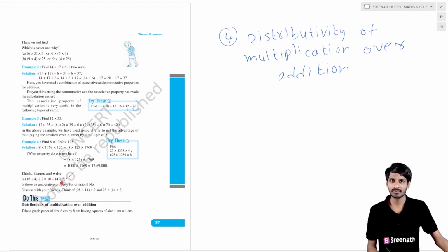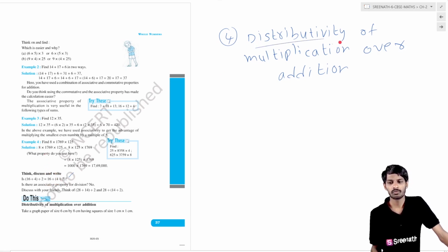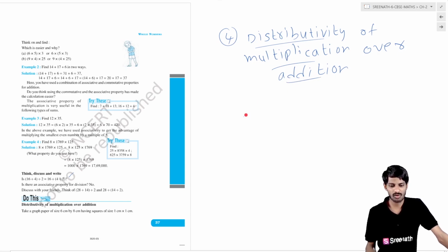The answer will not be the same in all cases. So division is not associative. Now we are coming to the fourth property, that is distributivity of multiplication over addition.